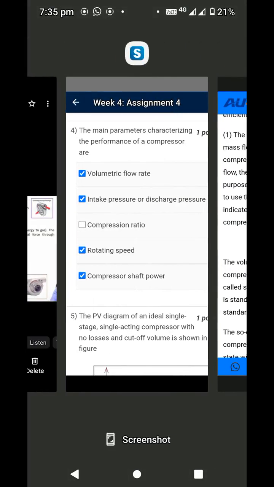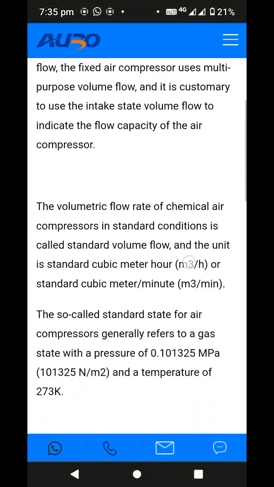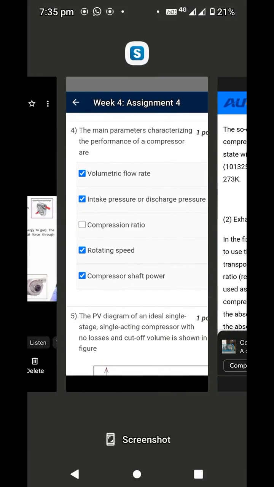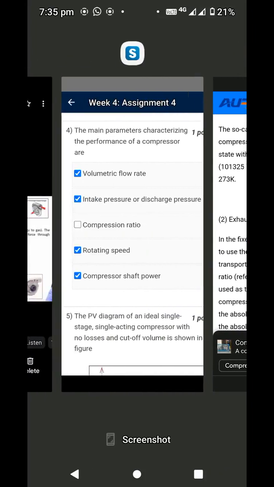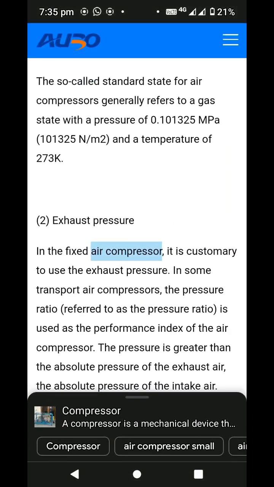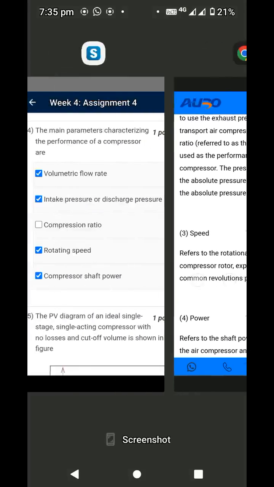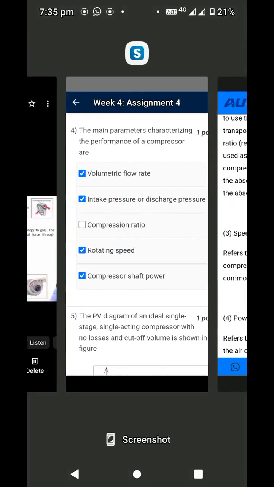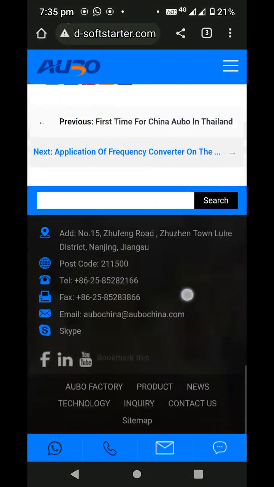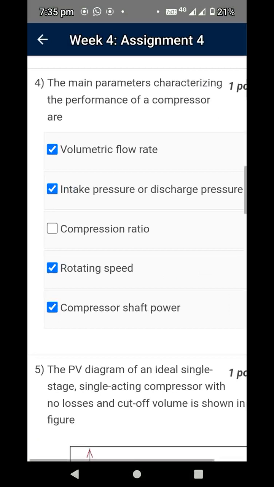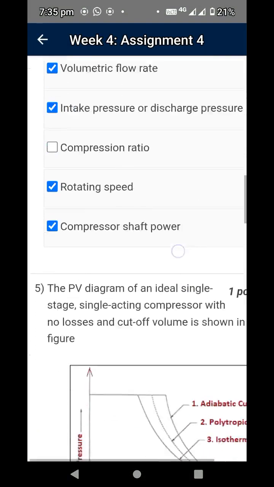Check out the first option, and the second option is exhaust pressure, so intake pressure or discharge pressure. And then speed and power: rotating speed and compressor shaft power. Compression ratio is not given in the options. So I put a tick mark on the first one, second one, fourth one, and fifth one. Okay, these are the answers.